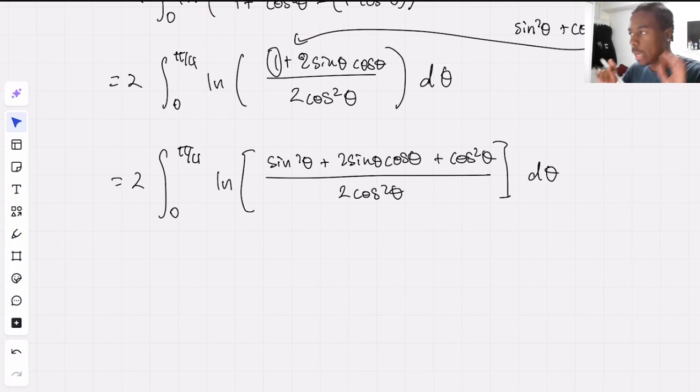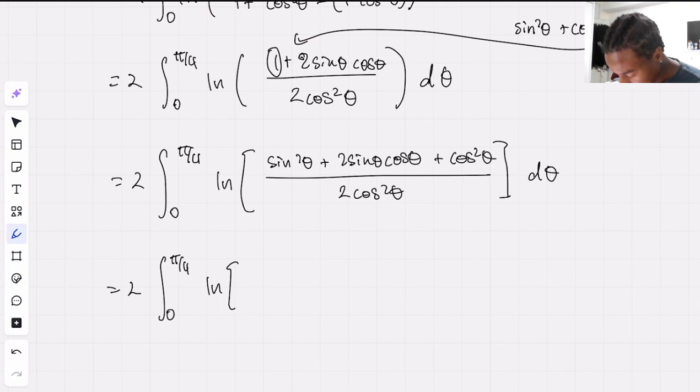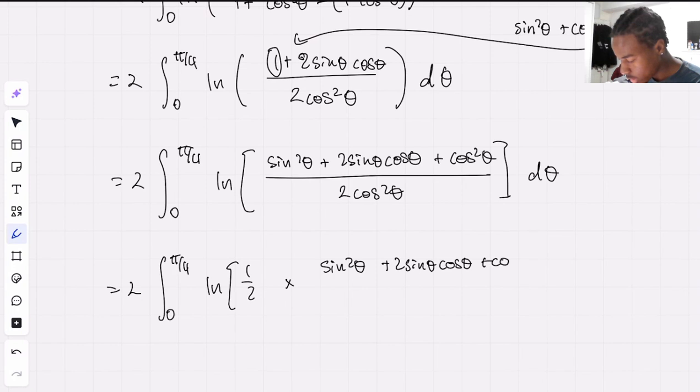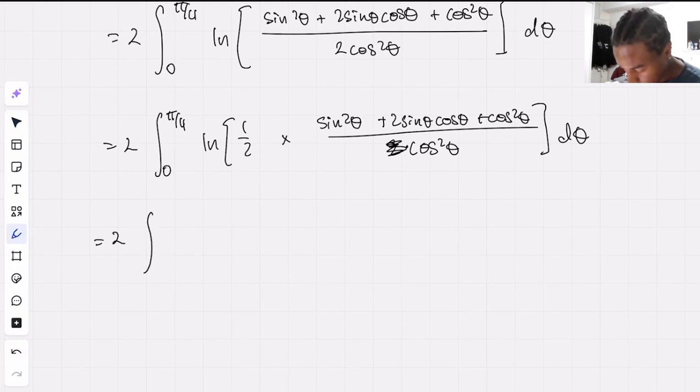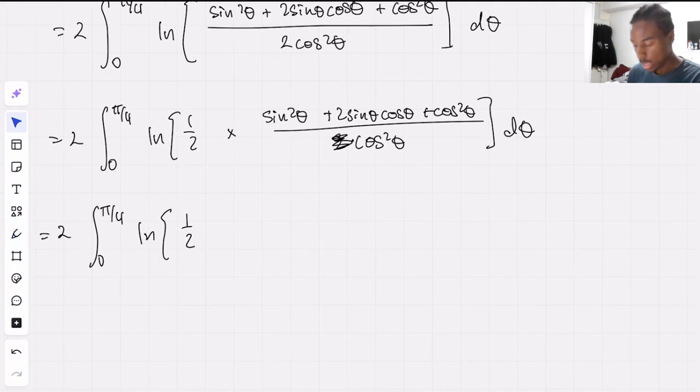Now, because I want to manipulate my log laws, I'm going to do something really nice here. I'm going to say this is 2 times the integral of ln of a half multiplied by this monstrosity, now cos squared beta, because I know later on I can split that up and use my log laws. The numerator of this fraction actually factorizes.